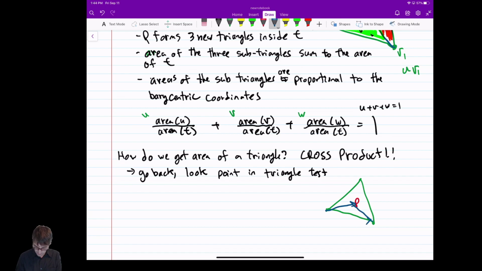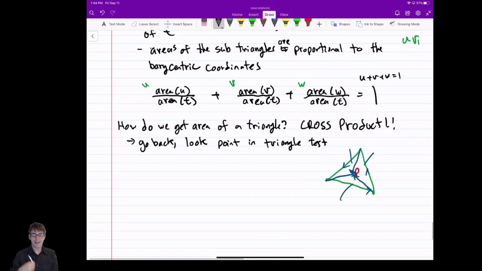We draw another vector, cross product it with the edge. We draw another vector. Hey, our point in triangle test gives us the areas of these three. So this is one more reason why I said that we use the scanline point in triangle test, because it's really useful to have that information.